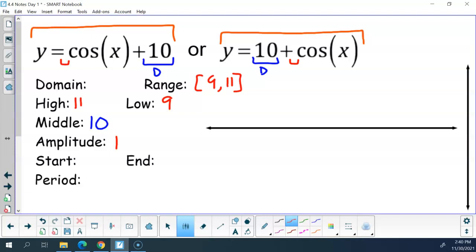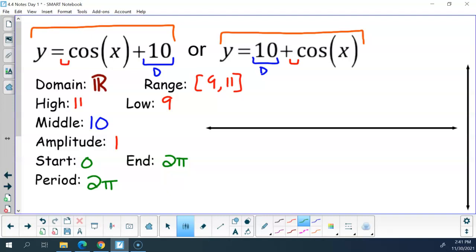Domain is still all real numbers. I'm still starting at 0, still ending at 2 pi, which means my period is 2 pi. Now, here's where you need to tap the brakes a little bit.